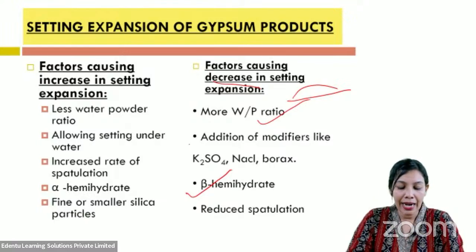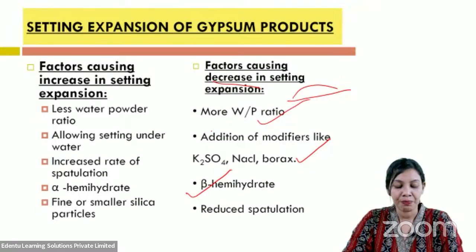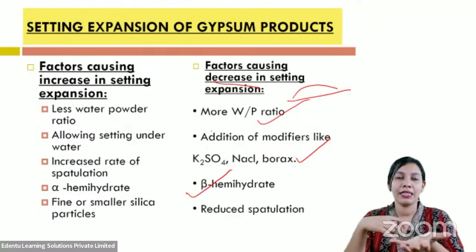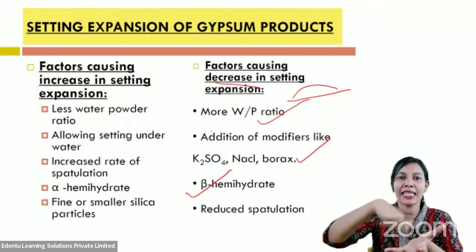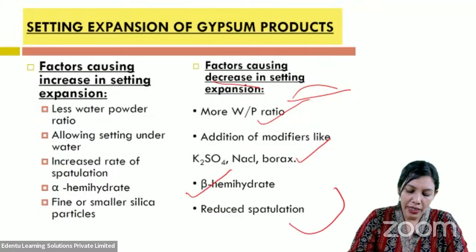Next is the addition of certain modifiers, which we have studied earlier, like K2SO4, borax, etc. These help as modifiers in decreasing the setting expansion. Next is reduced spatulation. When we take plaster of Paris, we keep on spatulating again and again, and nuclear crystallization has formed before spatulation.